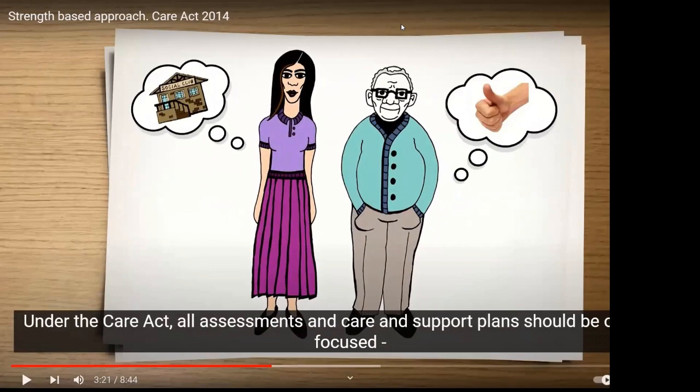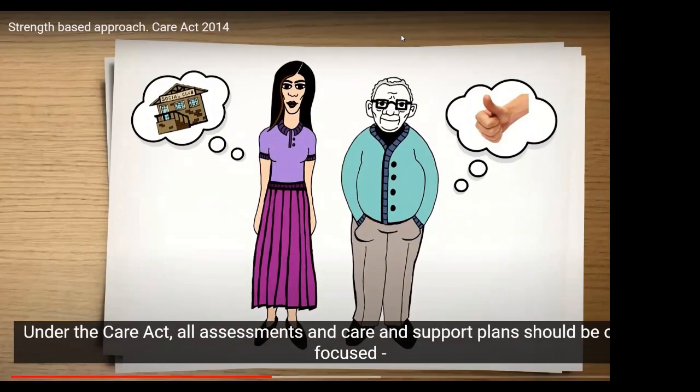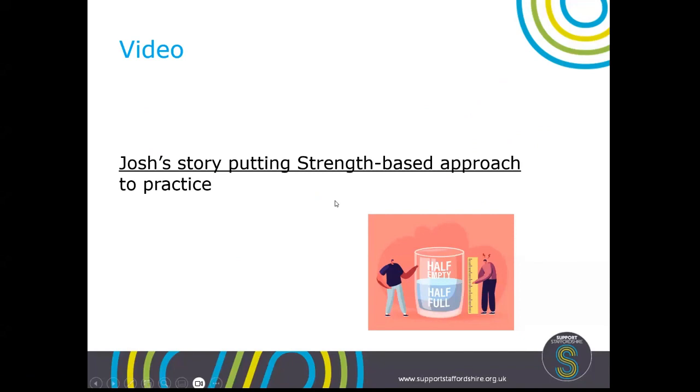Okay, so that was just a quick introduction to Josh, but as you can see, by using the strength base, they had the conversation with Josh. They found out what he was good at. So the negative things were he was feeling isolated and probably going through all the other things that we'd mentioned before with Mr. R, where he was feeling isolated and not looking after himself so well.